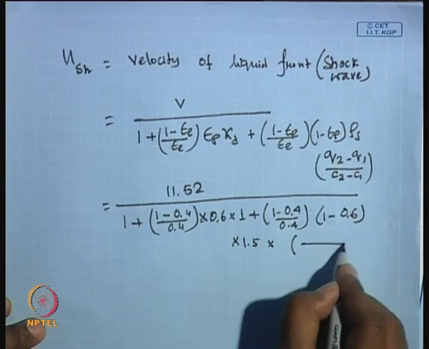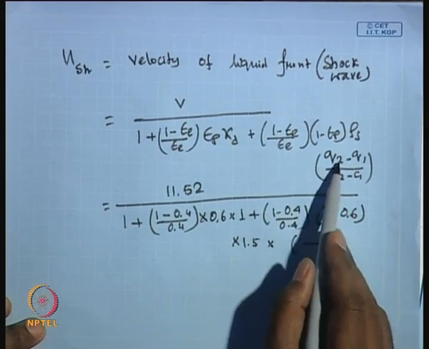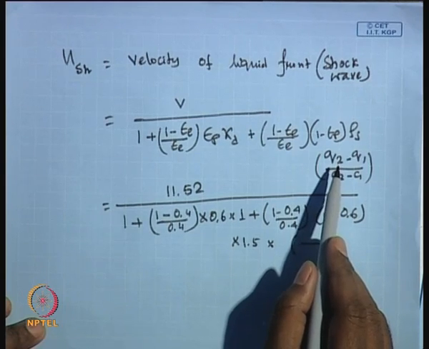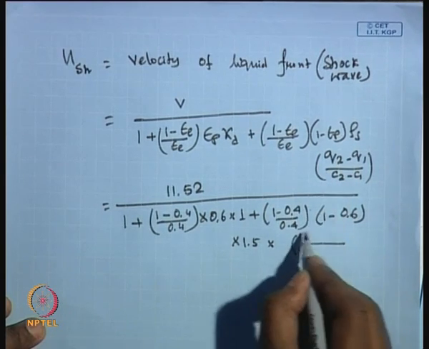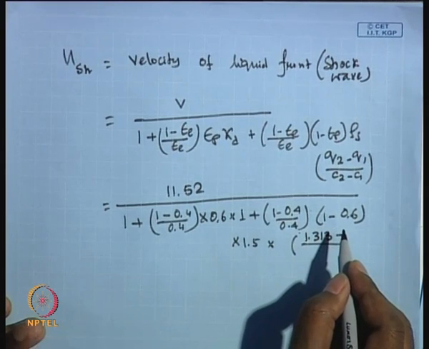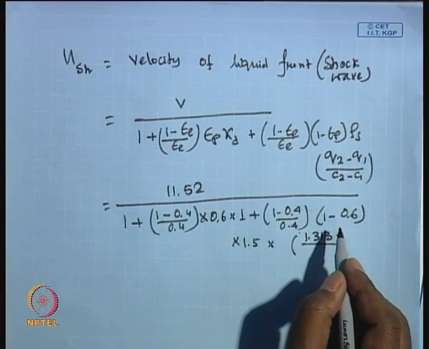Q2 is the saturation point, that means Q2 is the value corresponding to the concentration C2 that we have already found out. It is 1.313. And what is Q1? Q1 is the value when you started the operation. It is a step change basically. Initially there was nothing and now you suddenly have the saturation point.